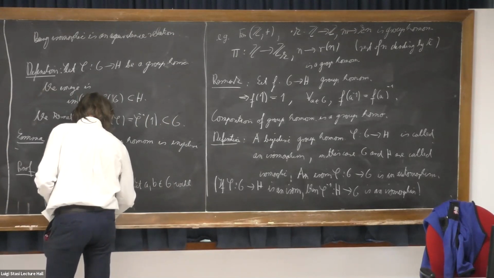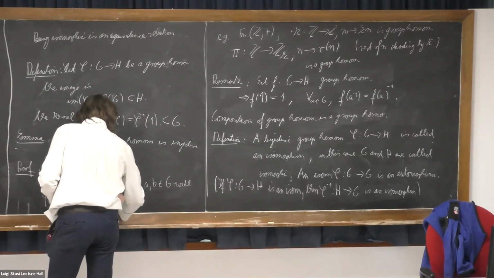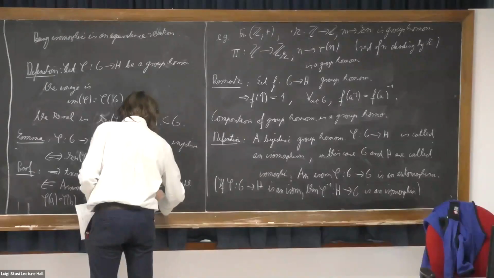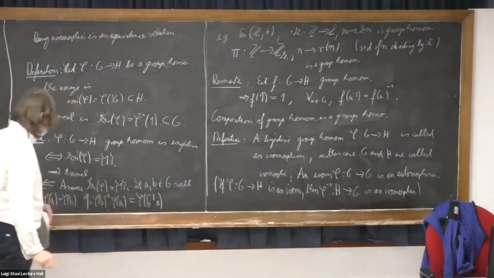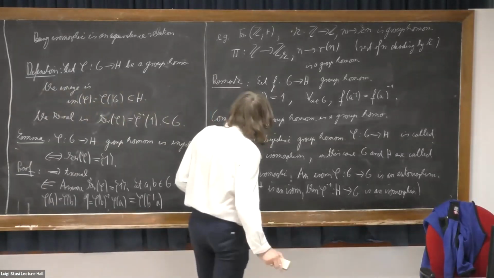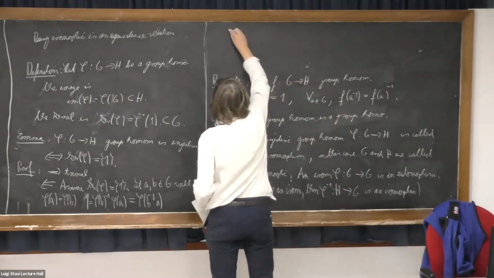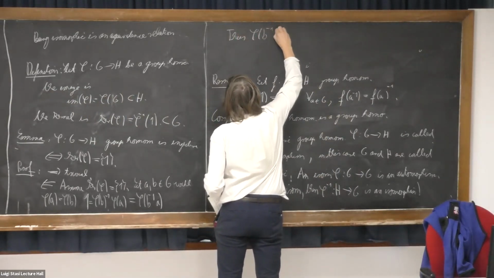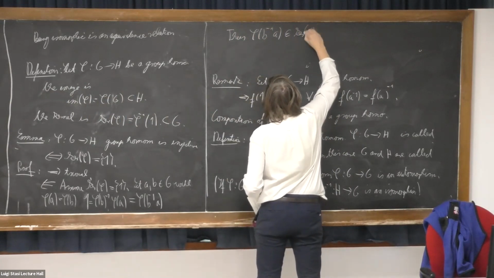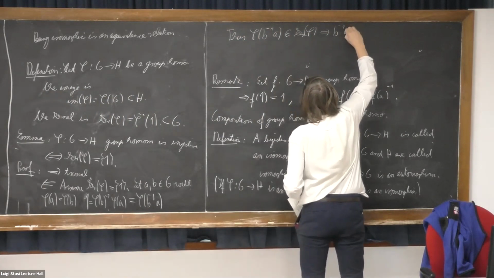So it follows that F of B to the minus 1 times F of A is F of B to the minus 1 A. So B to the minus 1 A lies in the kernel, and so it is 1.